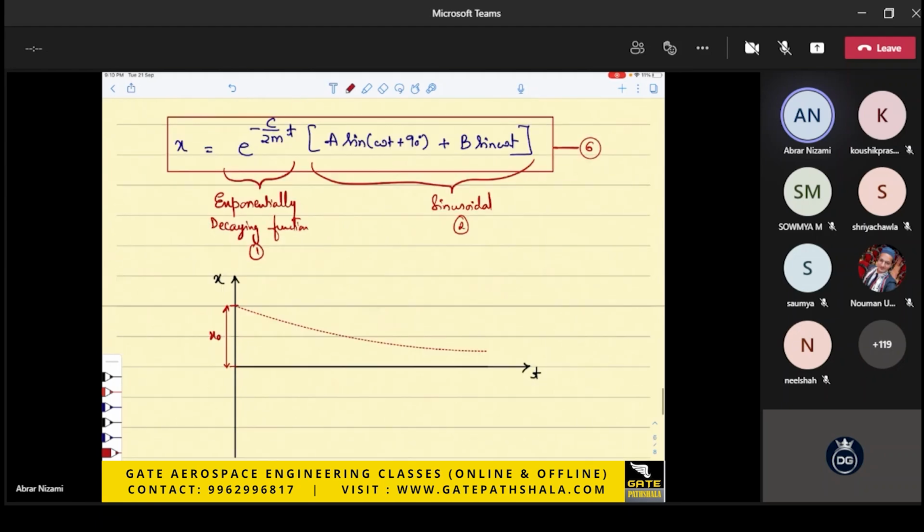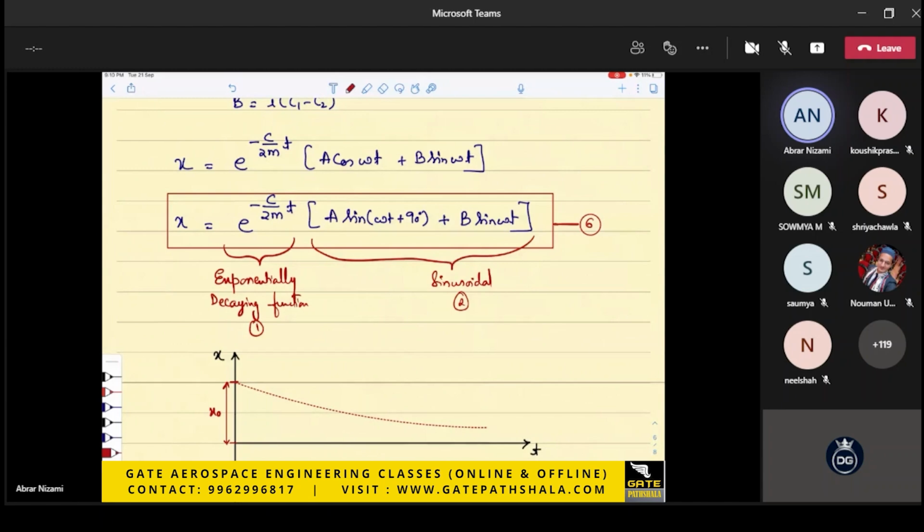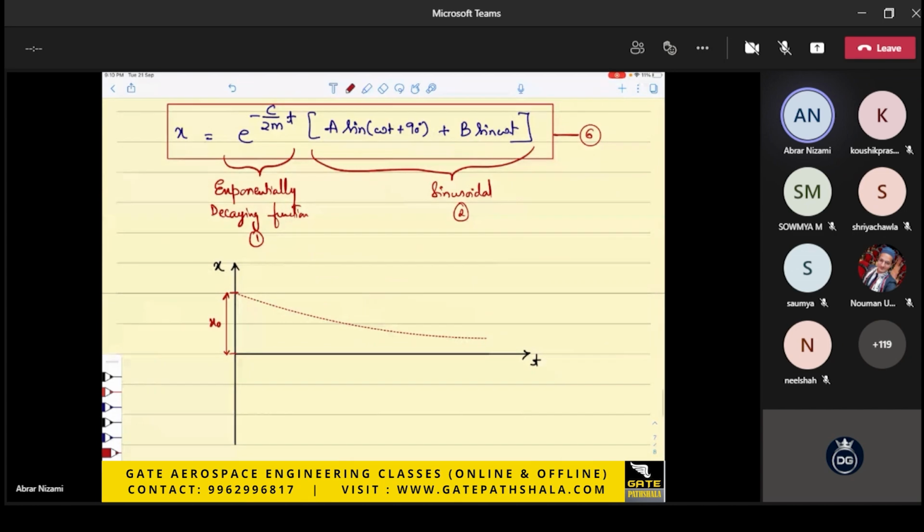So this function wants to exponentially decay, but multiplying this makes it oscillate. Draw this. What is this system called? This dashed line is only the peak ones. What is it called? Underdamped. Very good. It is called an underdamped system.